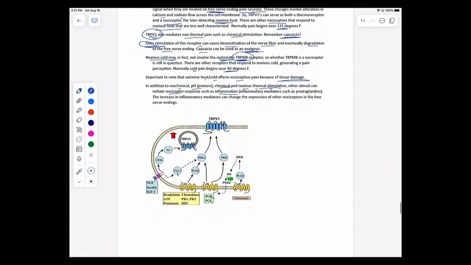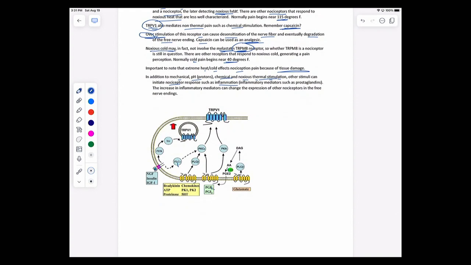And so we have a lovely cartoon here. And so we're going to say that this cartoon here is a free nerve ending. And on this free nerve ending, let's go ahead and stipulate that this is going to be a free nerve ending as part of your pain pathway.